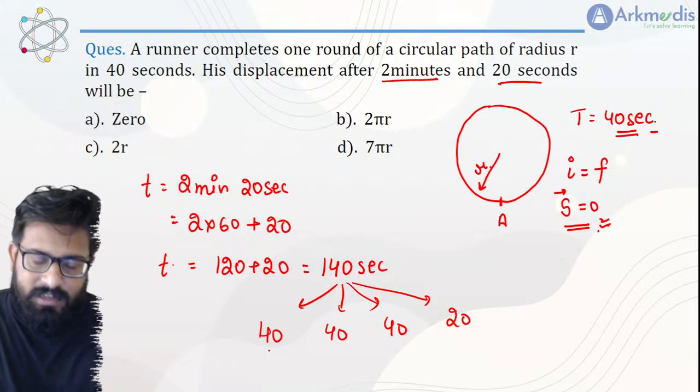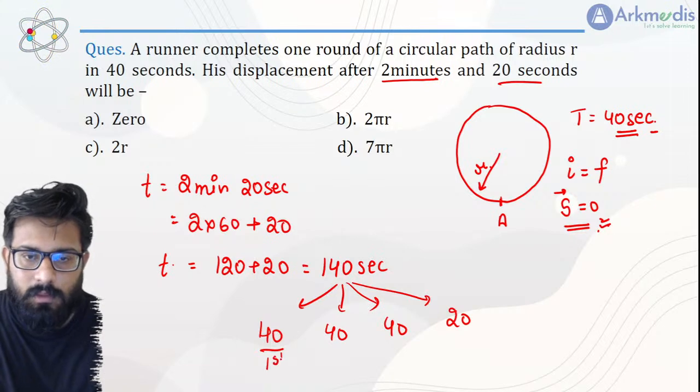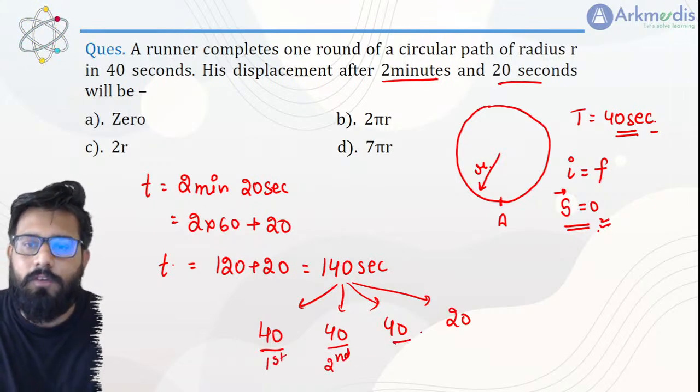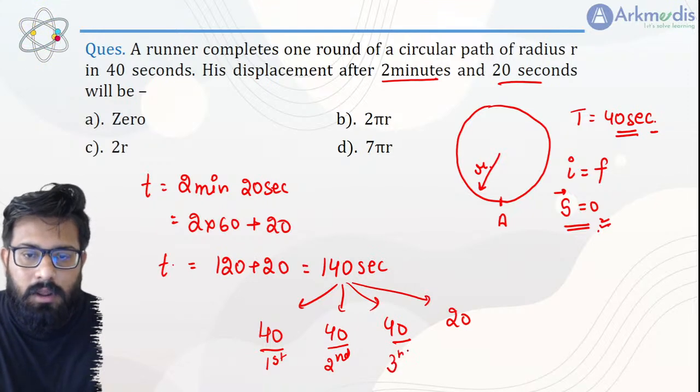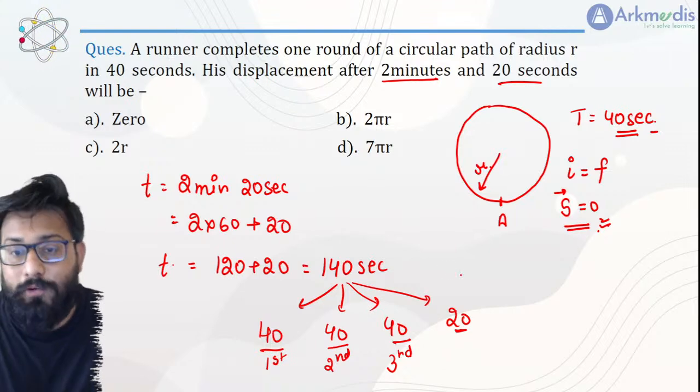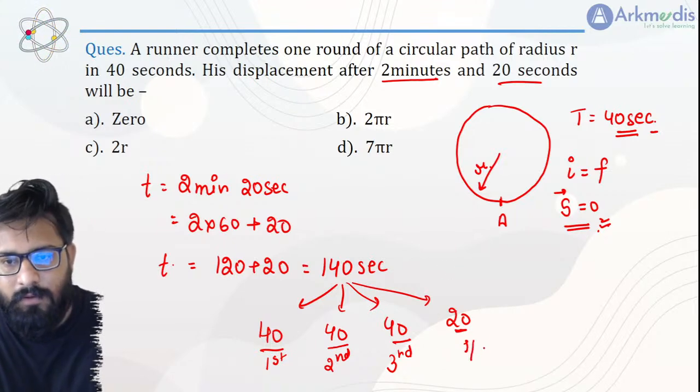In the first 40 seconds, you complete the first round. In the second 40 seconds, you complete your second round. In the third 40 seconds, you complete your third round. And in the next 20 seconds, you complete the half round.